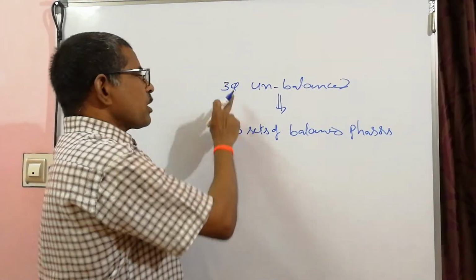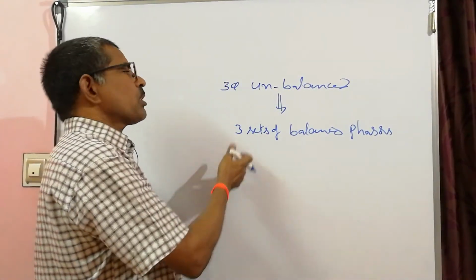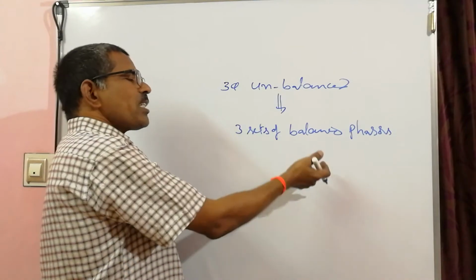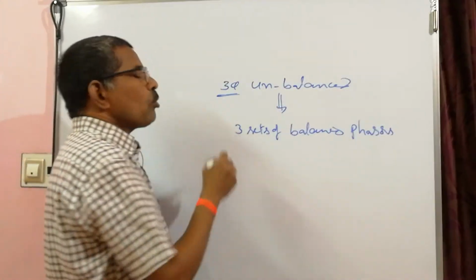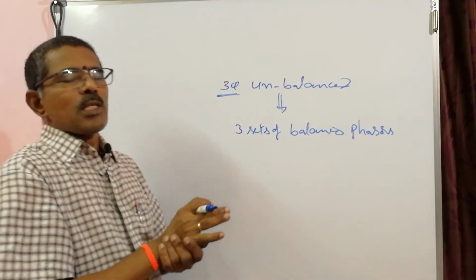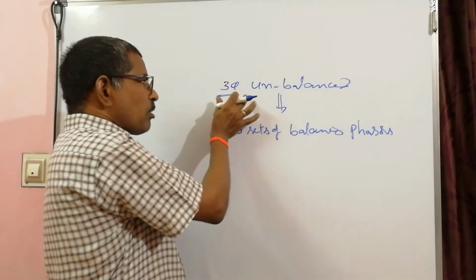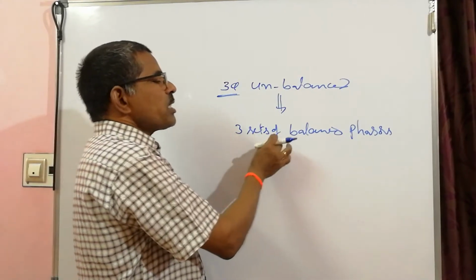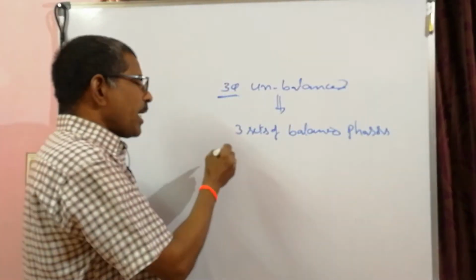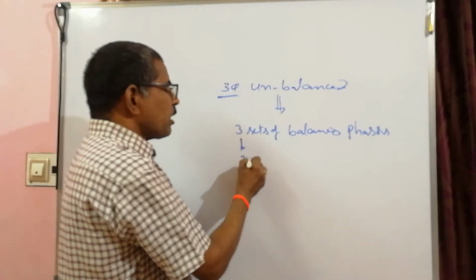If it is 6-phase, you can divide that into 6 sets. If it is 9-phase, you get 9 sets of balanced phasors. Because we are dealing only with 3-phase unbalanced systems, it can be resolved into 3 sets of balanced phasors, and each set contains 3 phasors again.